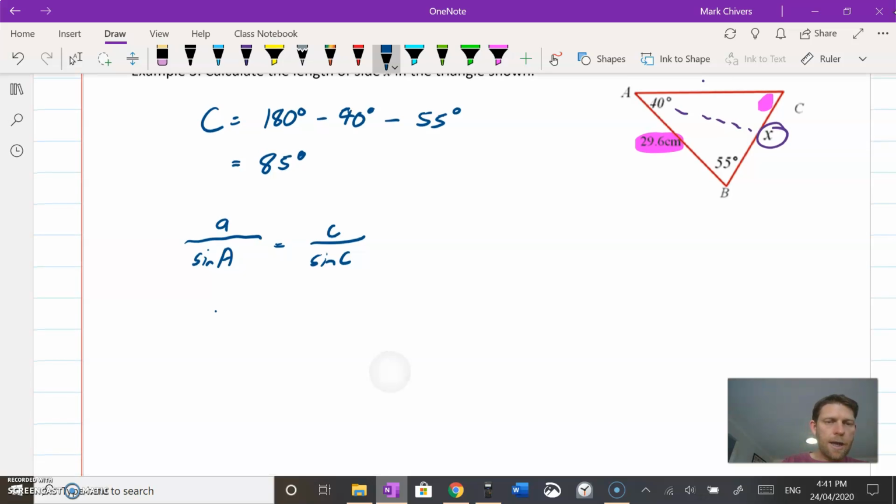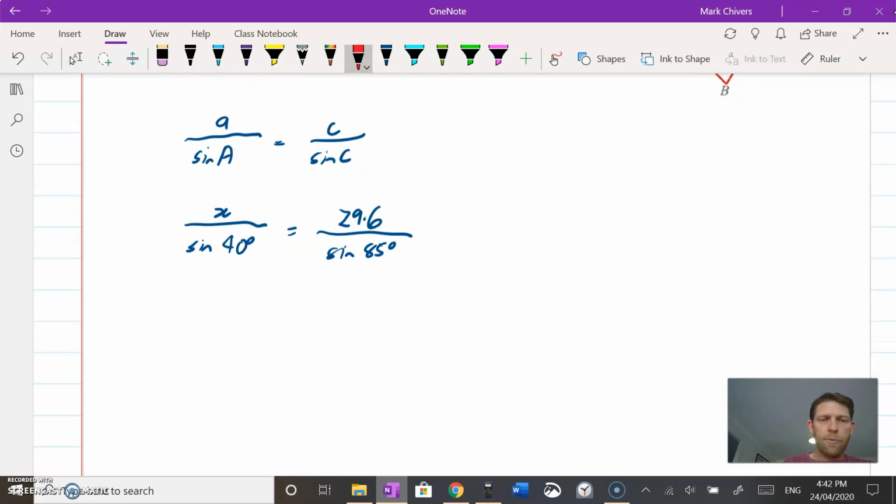So in this case, A is just X, sine A is going to become sine of 40 degrees. The side C is 29.6 centimetres, and then that's over sine C, C being 85 degrees.